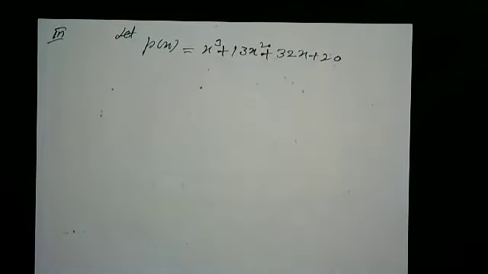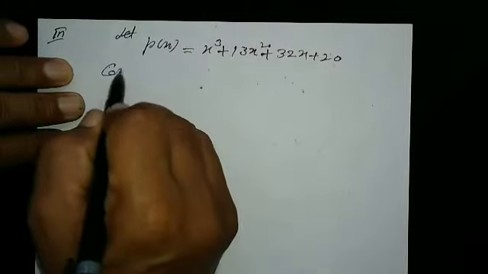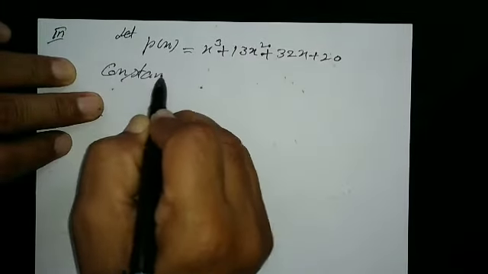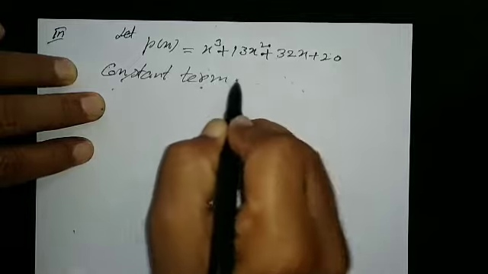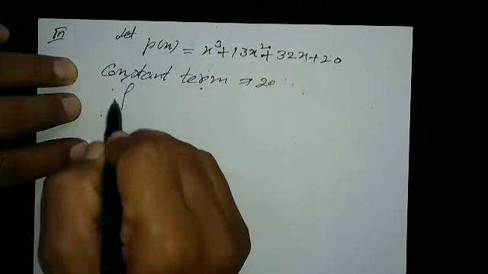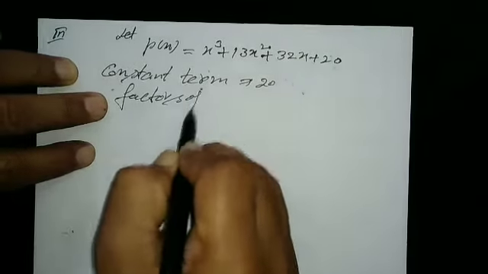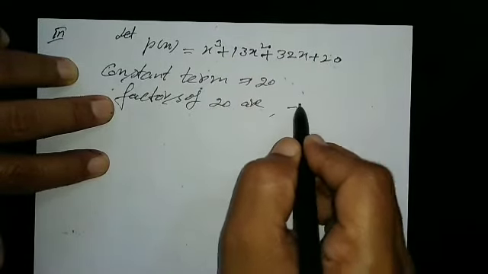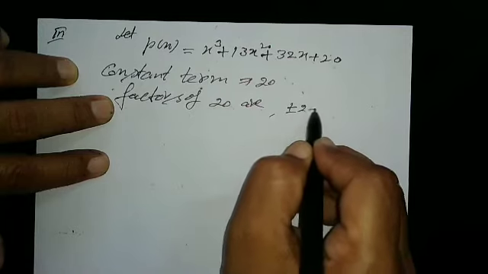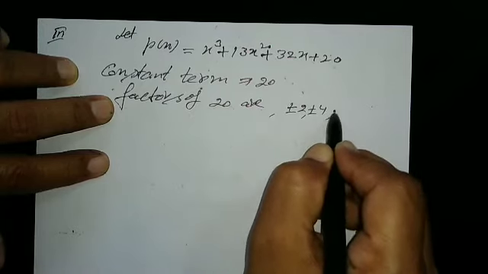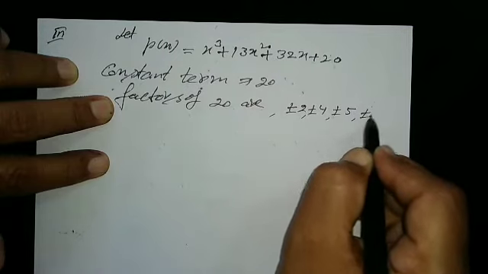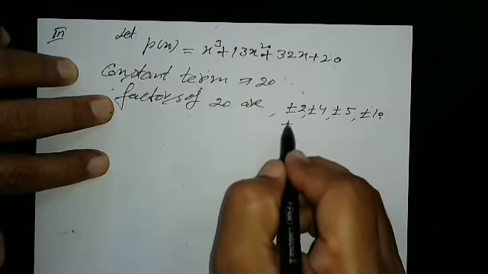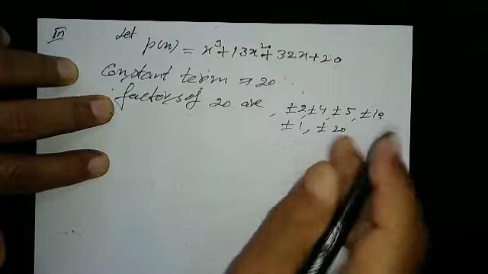So by hit and trial, you have to find the constant term. Here it is 20 and factors of 20 are plus minus 2, plus minus 4, plus minus 5, plus minus 10, plus minus 1, plus minus 20, right?